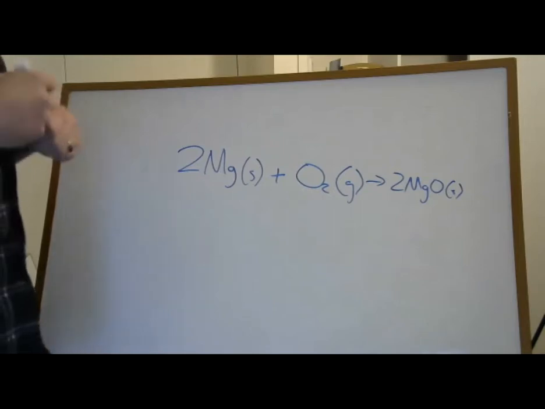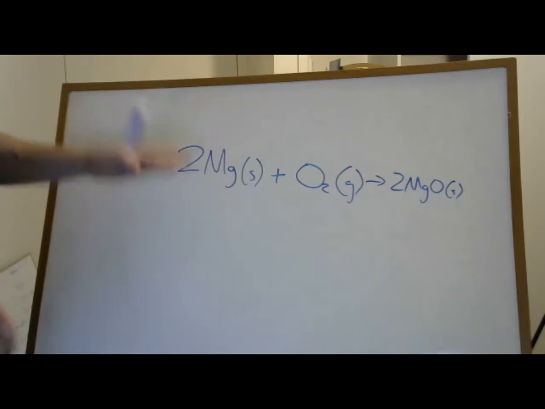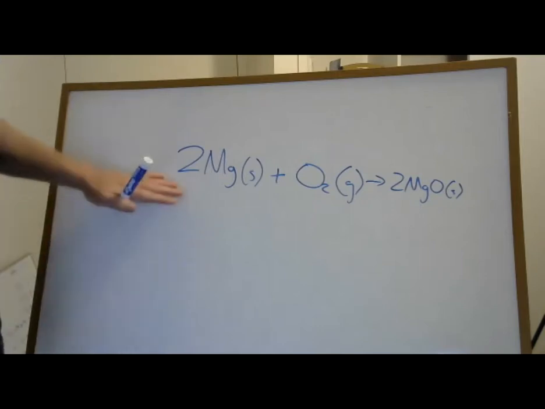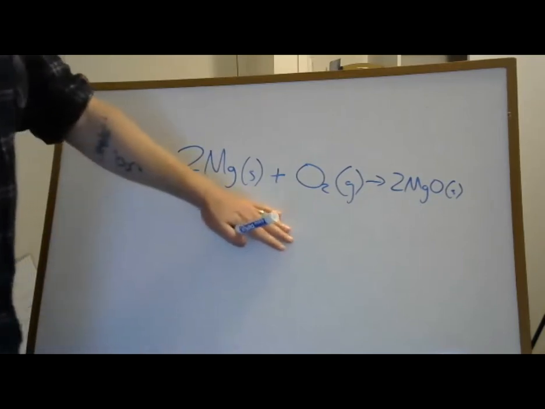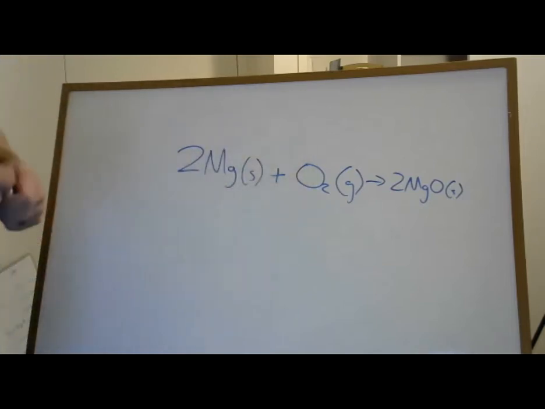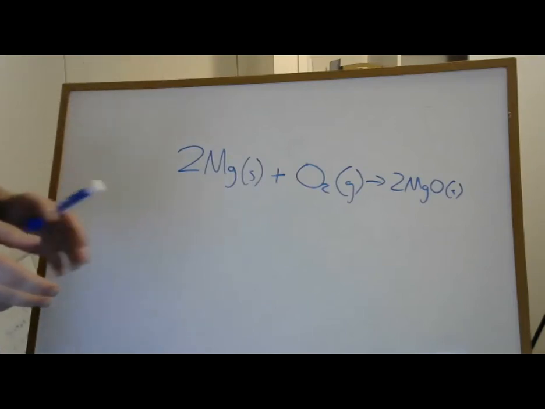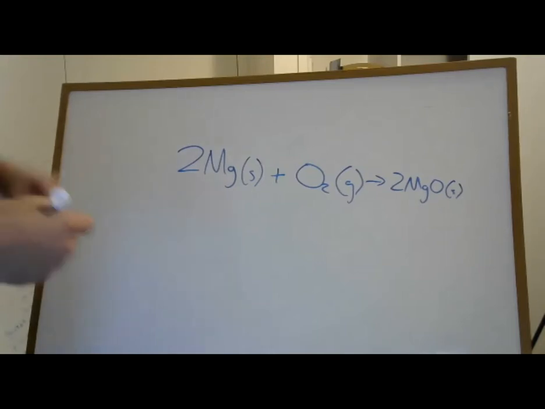I'm just going to run through what these are. I'm not going to show you how to figure it out yet. We will do that at the end. So in this reaction, we have the reaction between a metal and oxygen. If you see that, then it's almost certainly going to be a redox reaction.